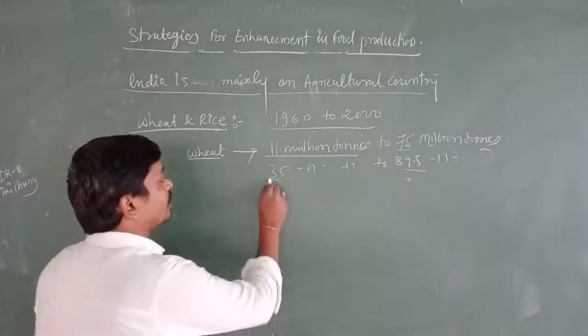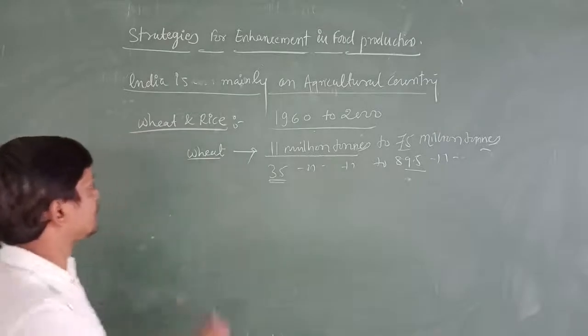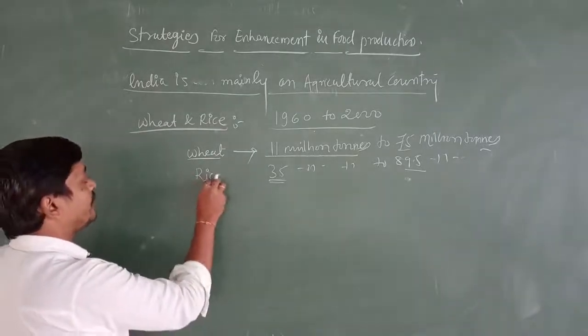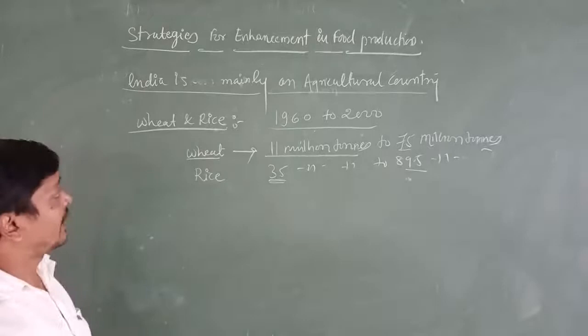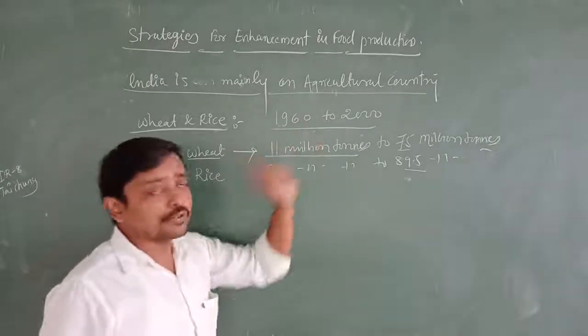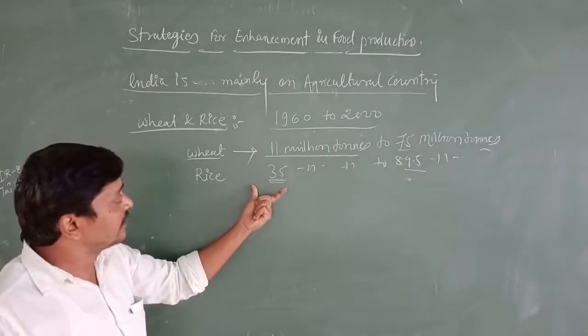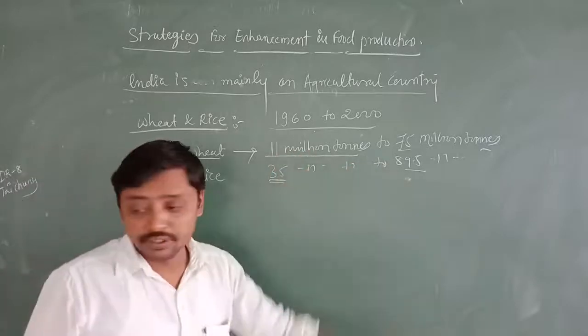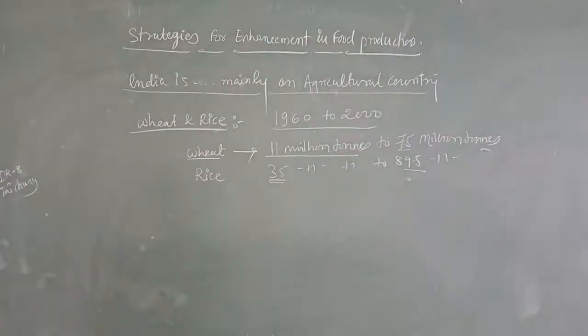And the production of rice from 1960 to 2000 increased from 35 million tons to 89.5 million tons.